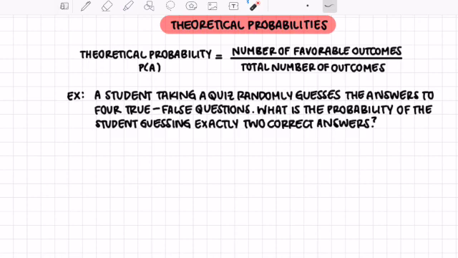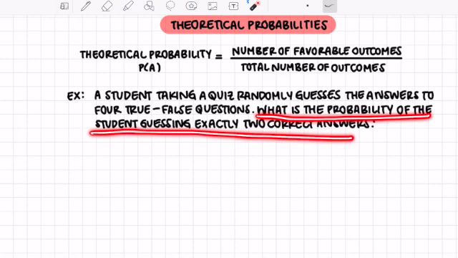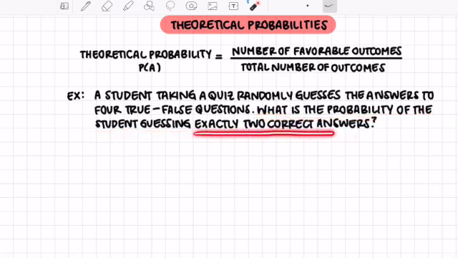So far, we've learned how to find out the total number of outcomes, but we do need to look at specifically, let's say, for example, in this case, we wanted to say what is the probability of students guessing exactly 2 correct answers. So that would be considered our number of favorable outcomes. That's the specific thing that we want to be looking at.